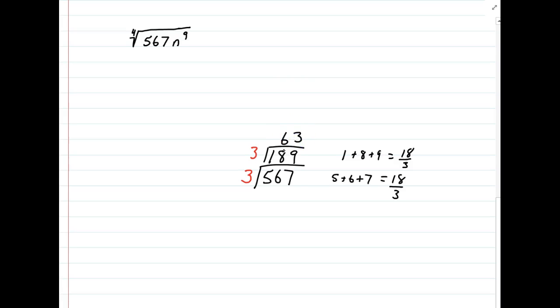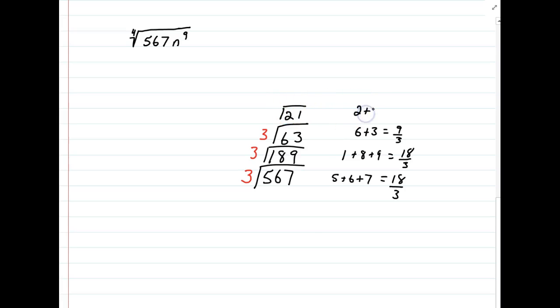Again, 3 is going to be able to go into 63 because if I add up the digits, 6 plus 3 equals 9, and 9 is divisible by 3, so 3 will go into 63. 3 goes into 6 twice, 3 goes into 3 once. Now obviously 3 goes into 21, but I'll show you one more time.